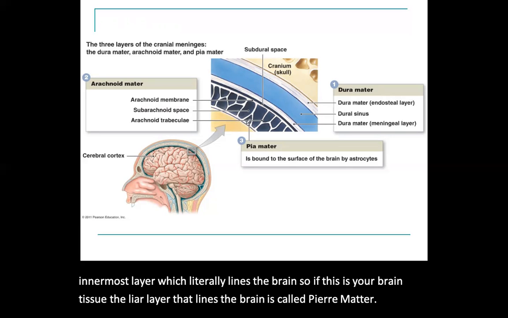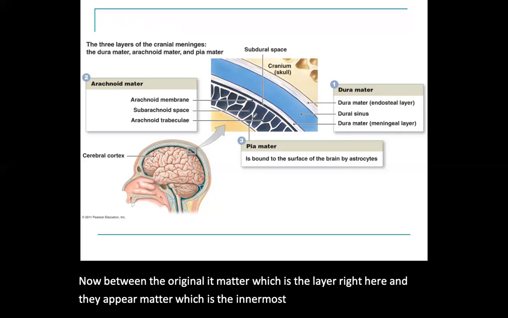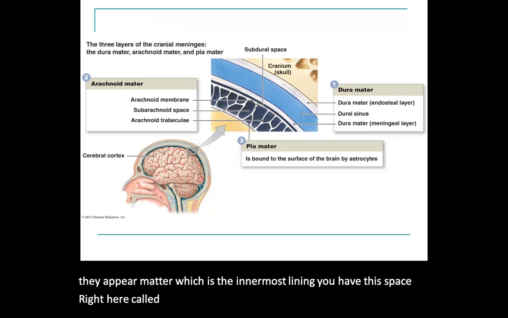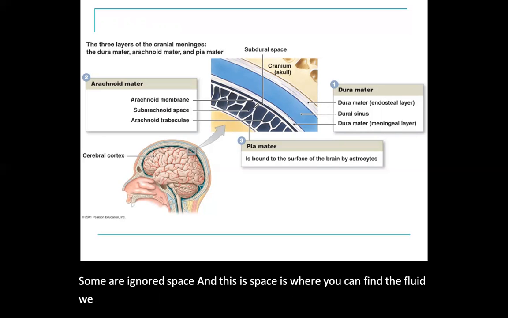Now, between the arachnoid mater, which is the layer right here, and the pia mater, which is the innermost lining, you have this space right here called the subarachnoid space. And this space is where you can find the fluid we identified as cerebrospinal fluid.